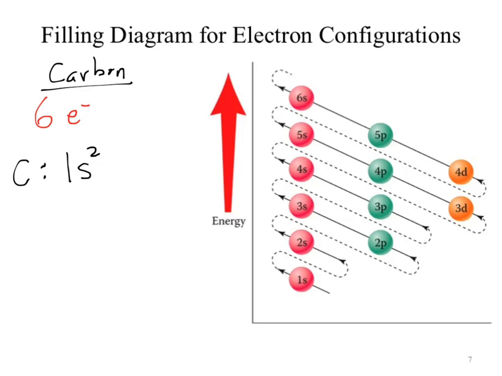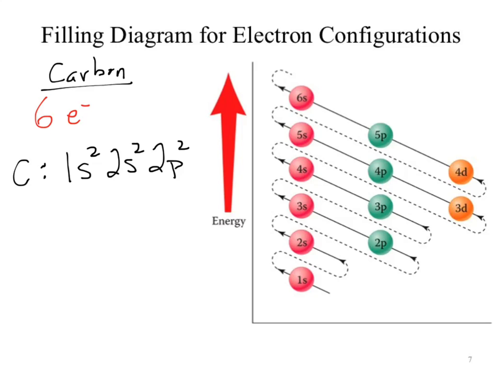Nope. So what do we have to do? Next energy level, which is 2s2. Next energy, 2p. Whoops, you're right. Nope, you're wrong. It's 2p2.